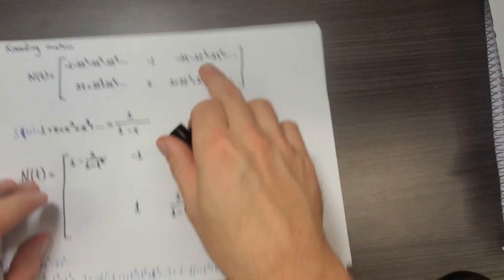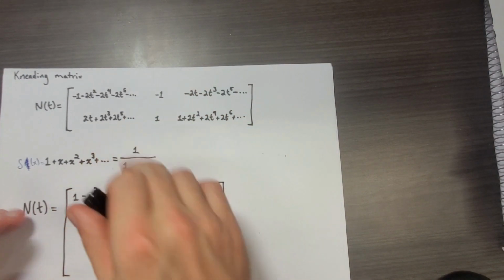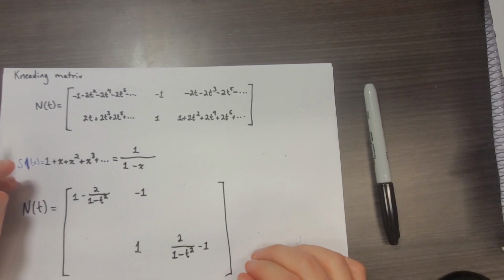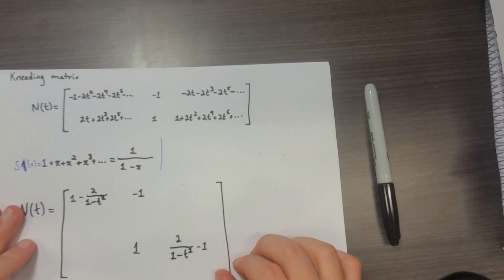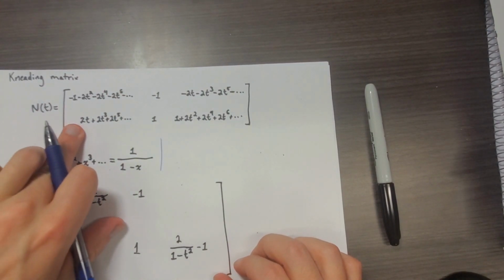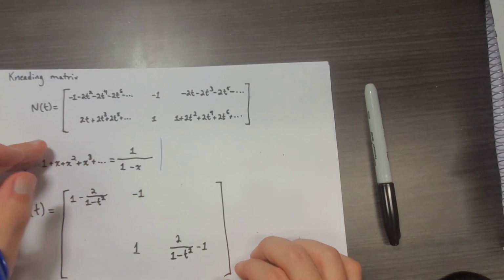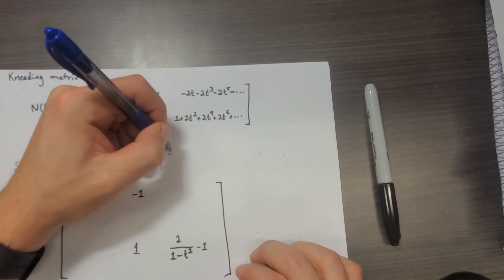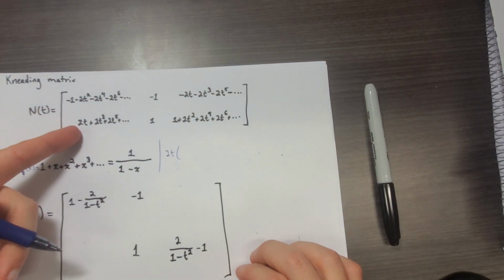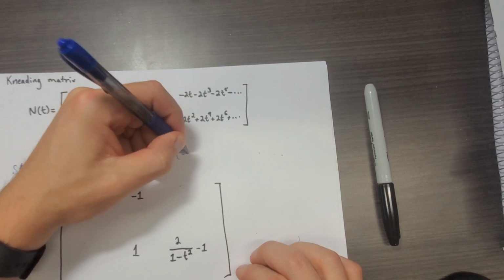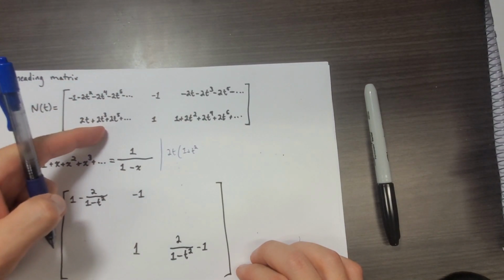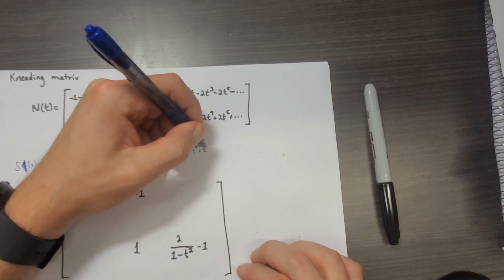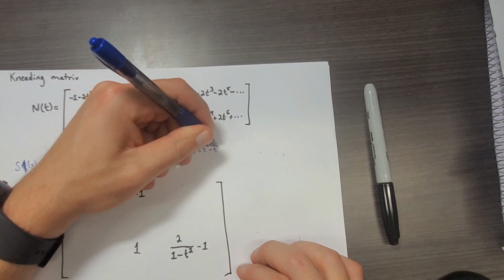Now we need one for this and for this, and they're negations of each other, so really we only have to find one of them. So let's see. I'm just going to work with the positive one because it's a little simpler to deal with. I can factor out a 2t from the whole thing. I get 1 plus t squared plus t to the 4th plus t to the 6th, and so on.